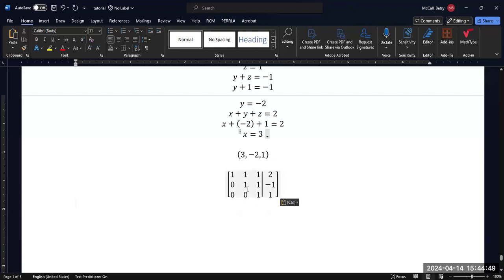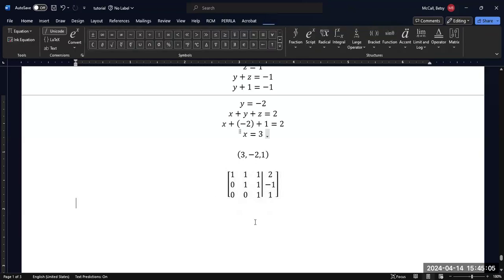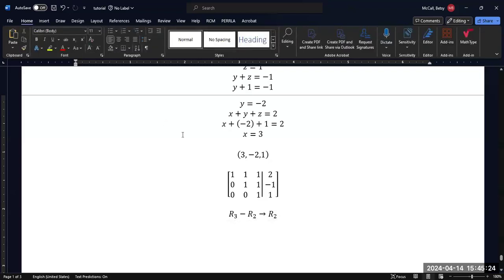Now, for reduced echelon form, once I have my pivots on the diagonal and zeros below it, I now want to do the same process, but now I want to eliminate everything above my pivots as well. So I'm going to start with row 3 here, and I'm going to get rid of these ones above it. So my row operation is going to be, actually, not quite.